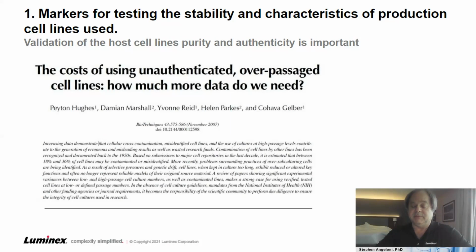Now, the ATCC put out a publication on this because they biobank a lot of cell lines, and they've realized over the years that some people have cell lines that aren't really what they think they are. So you need a method to authenticate that cell line. And if you have cell line stocks and you pass them over time, you want to monitor them for being the same, all having the same characteristics with each passage as you bring them into the production line.